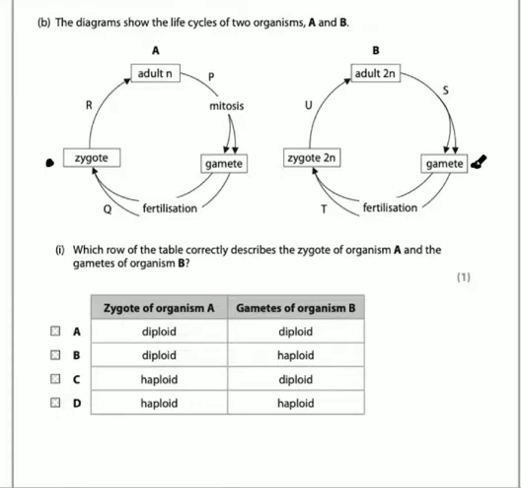So if we start off, you would have come across N and 2N previously. N means haploid, whereas 2N means diploid.